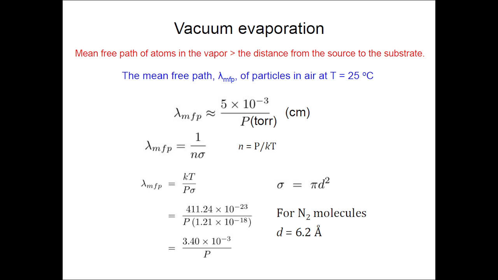The mean free path is 1/(nσ), where σ is the cross-sectional area, which is πd², and kT/(pσ) is the equation corresponding to the mean free path. So the mean free path of the atoms in the vapor being greater than the distance from the source to the substrate is a key aspect of evaporation techniques.